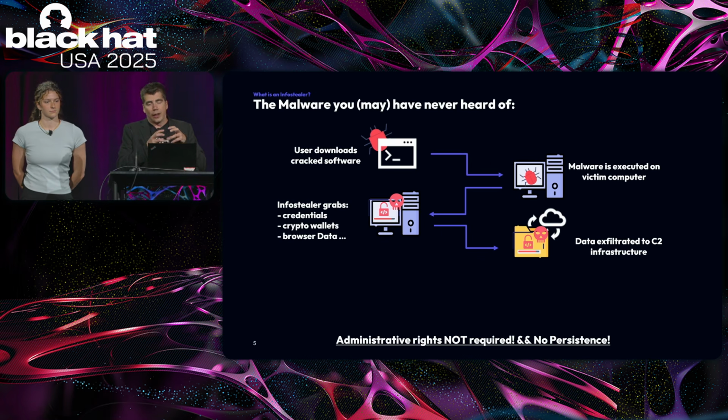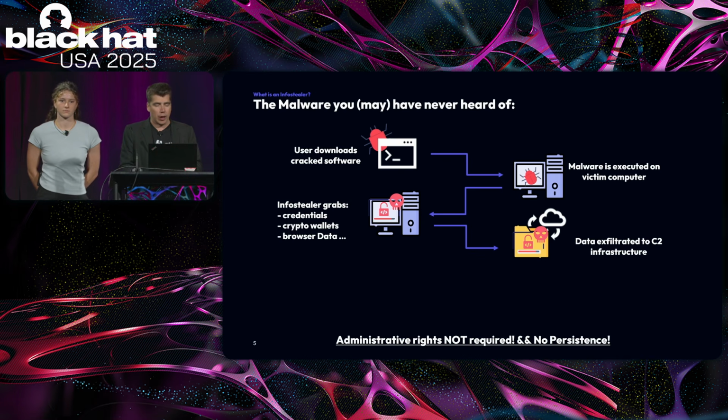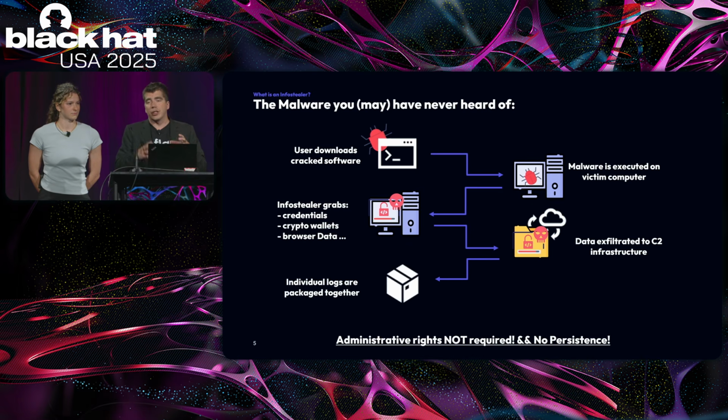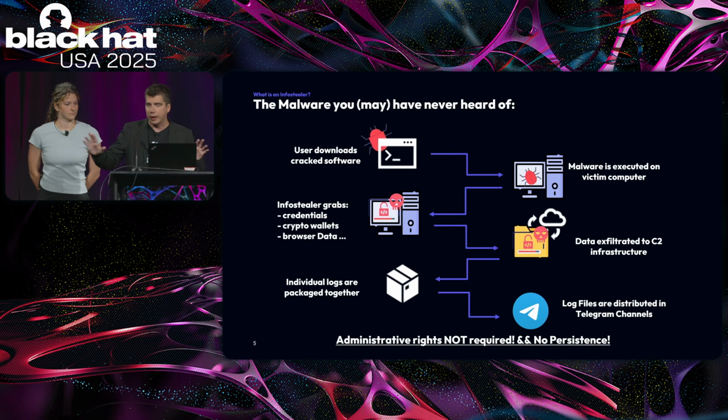And so these are the artifacts of an infection of information stealer malware, which is what we're going to focus on today. And these individual logs are packaged together and resold by cyber criminals again on Telegram. So there's like two levels of Telegram stuff happening over here.